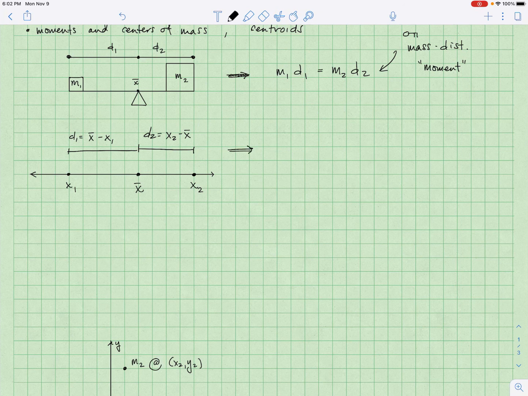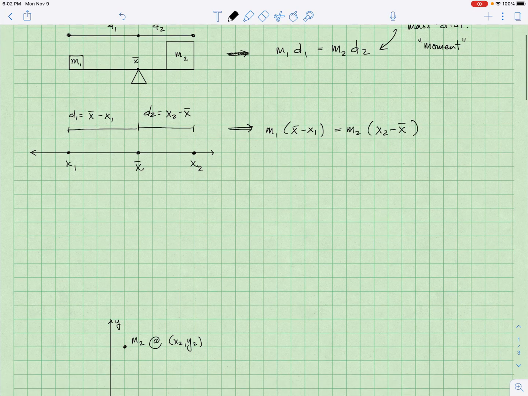And what we see here is we can rewrite this as mass 1 times x bar minus x1 is equal to mass 2 times x2 minus x bar. Now our goal is to find that fulcrum point, x bar, and so we're going to solve for it using some simple algebra. If we multiply this out, this is mass 1 times x bar minus mass 1 x1 is equal to m2 times x2 minus m2 times x bar.